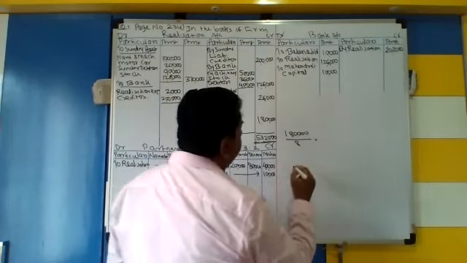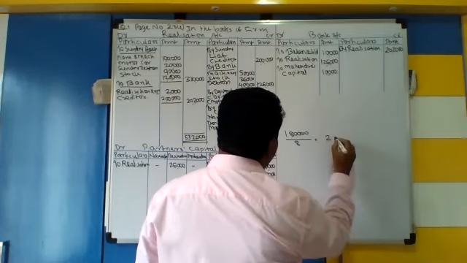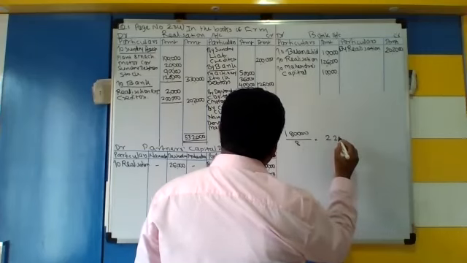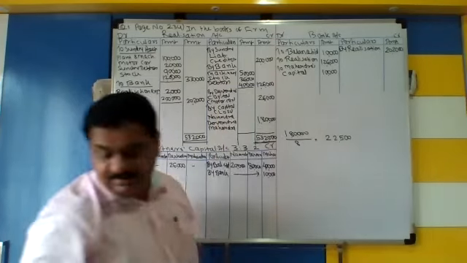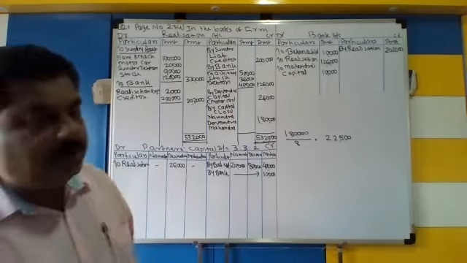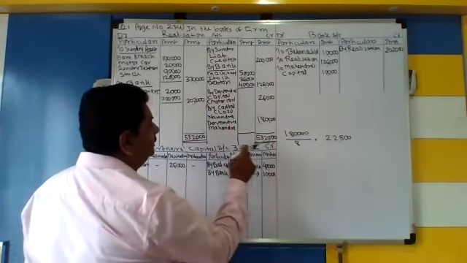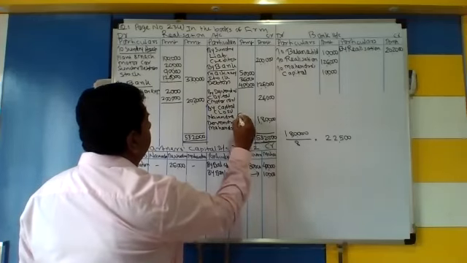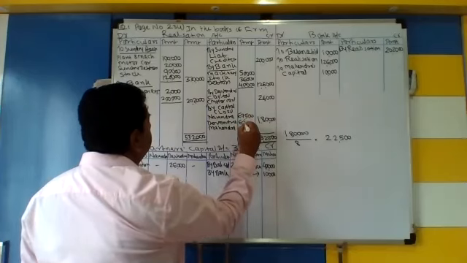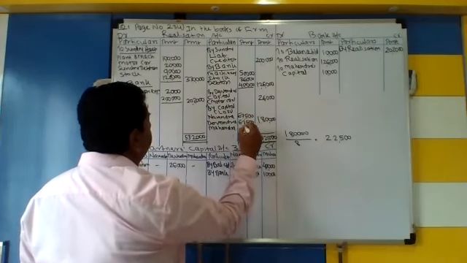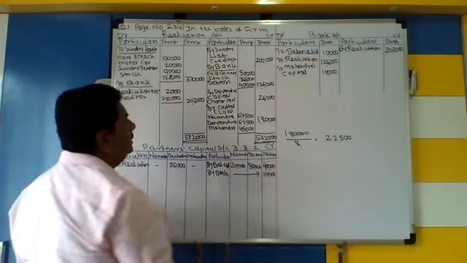Divide and see what comes. Is it 22,500? Yes. So distribution multiplied by 3, 3 and 2. Multiplied by 3, 67,500 for Narendra, 67,500 for Devendra, and 45,000 for this Mahendra.